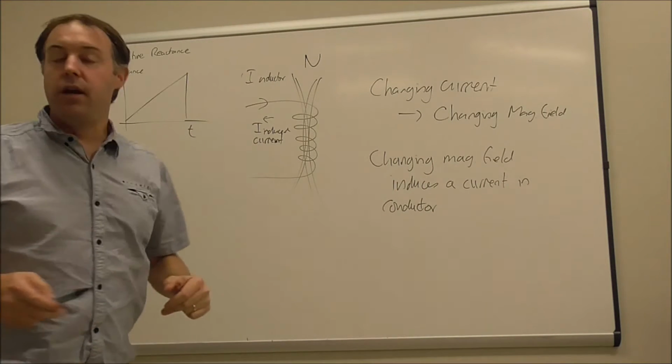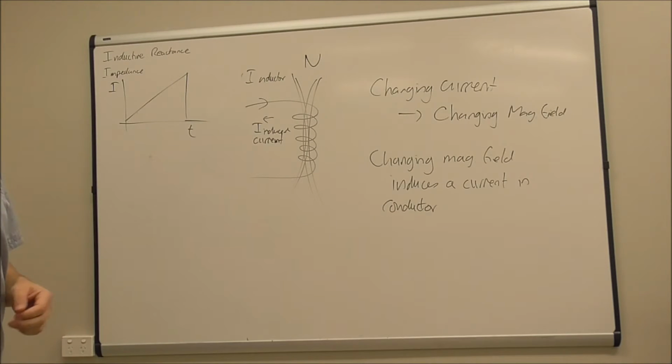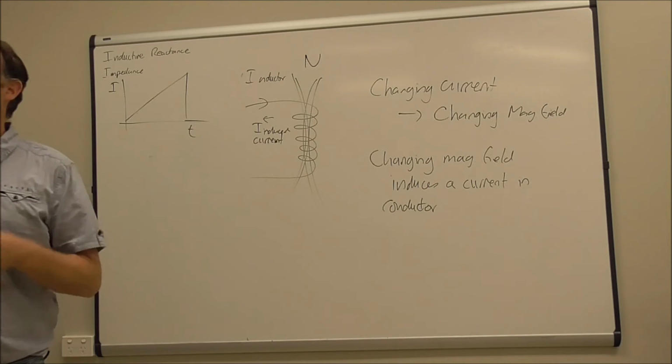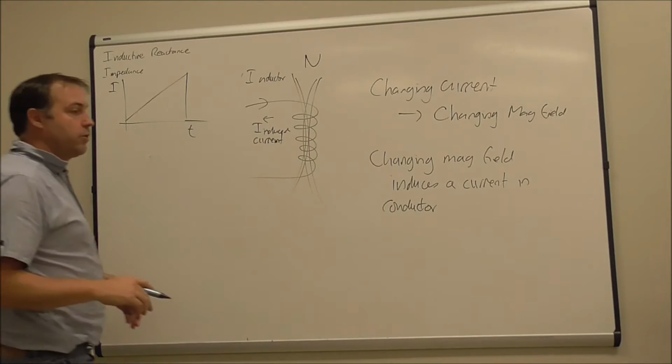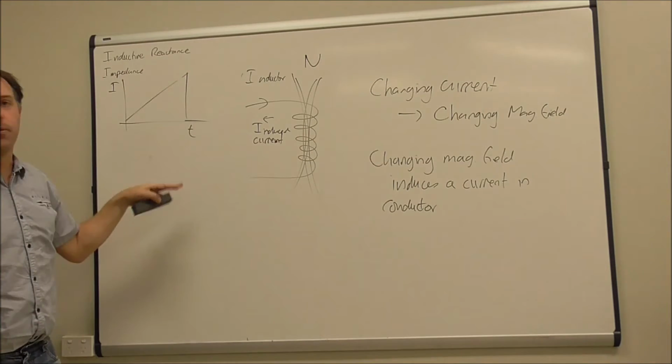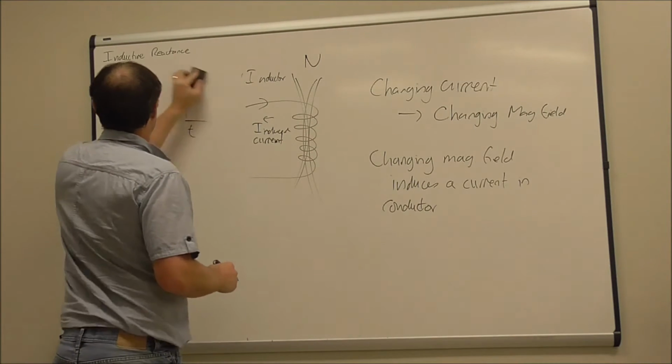So, in a nutshell, inductors don't like having rapidly changing currents. But if you think about what's happening with a sinusoidal signal, the current isn't dropping off in a hurry, it's changing like this.